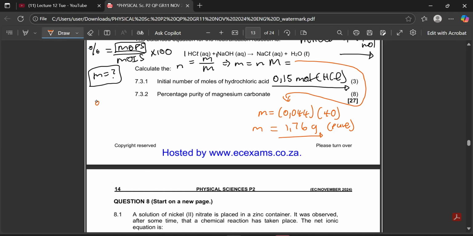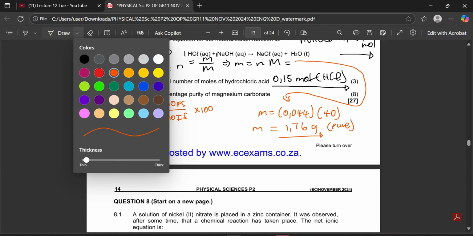So our percentage purity would be the mass of the pure substance divided by the mass of the impure substance times 100.